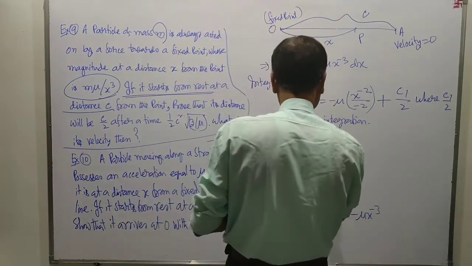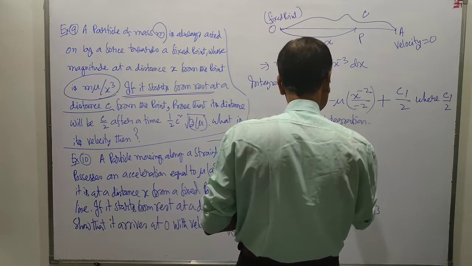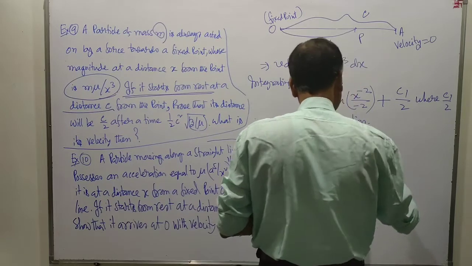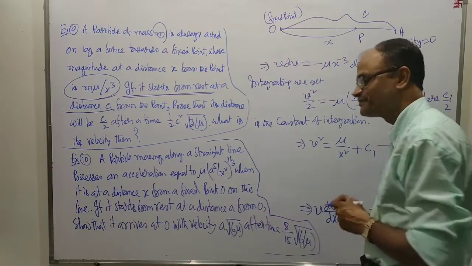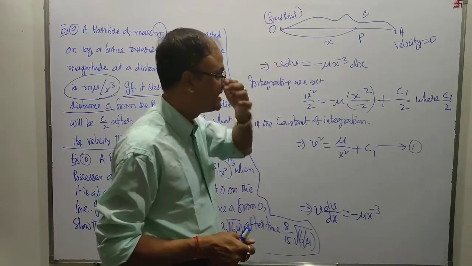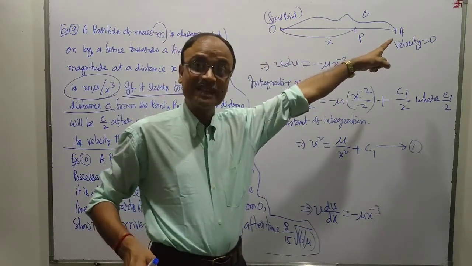This means v square equal to mu by x square plus C1. Suppose it is number 1. This is number 1.